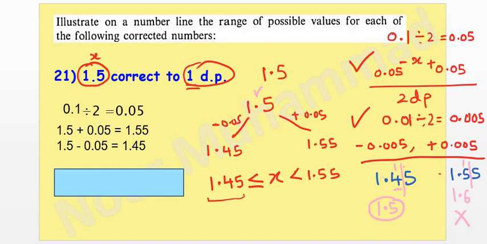So for this one it's fine, but here I need values less than 1.55. That's why, when dealing with such inequalities, most of the time this side is greater than or equal to, and this one is less than only.